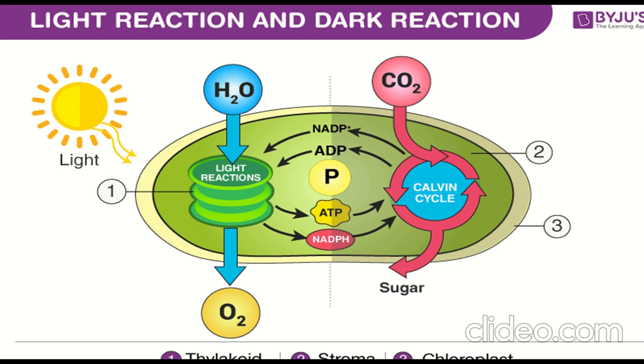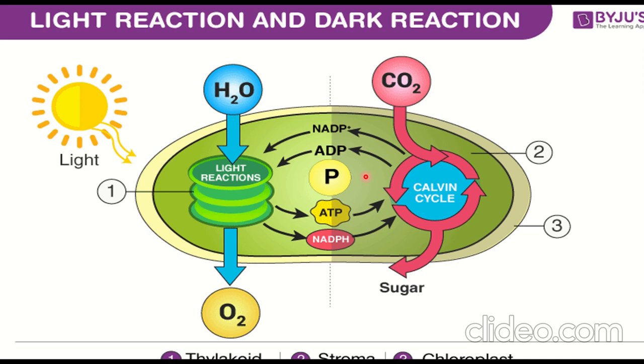This is just the basic I'm telling you guys. I'm not going into exact atomic numbers and all. And if you see a glucose molecule, it would be C6H12O6. So it has carbon 6 atoms, hydrogen 12 atoms, and oxygen 6 atoms. This proves that carbohydrates are made up of carbon, hydrogen, and oxygen. Now here everything is present: carbon and oxygen from the carbon dioxide molecule, and hydrogen which is transported by NADPH.